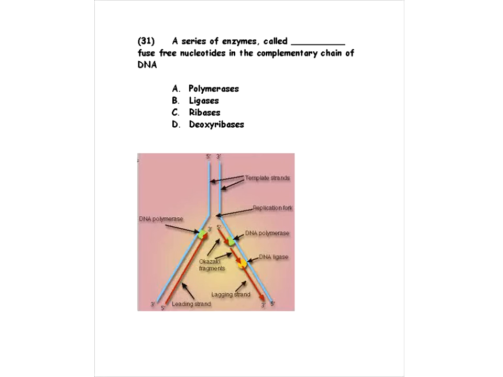All right. So the next question says, a series of enzymes called blank fuse or join free nucleotides in the complementary chain of DNA. So let's look again at the different enzymes that are involved with DNA replication. First of all, DNA polymerase is going to join these new fragments of DNA.